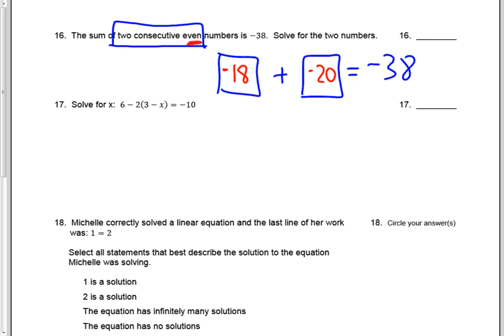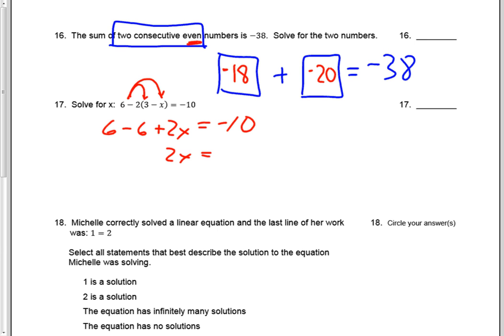If you look in our notes, we did a problem almost exactly like it for our test study guide. Is that a positive 2 or a negative 2? Negative. So you should have a negative 6 and a positive 2x. Check and see. Do you have that for your next line? What's 6 minus 6? That's gone.